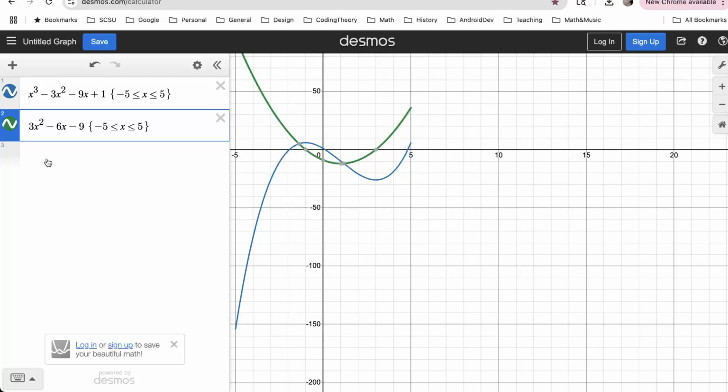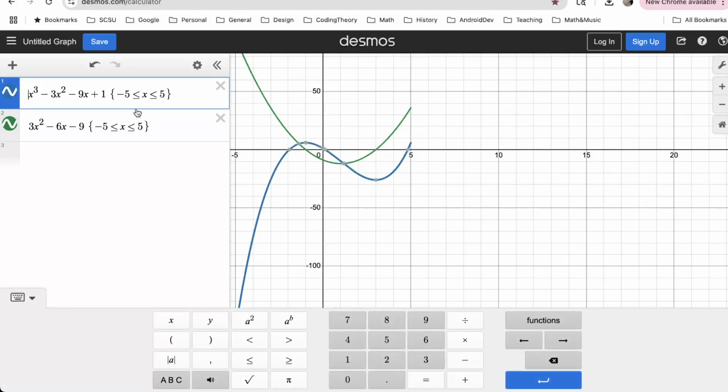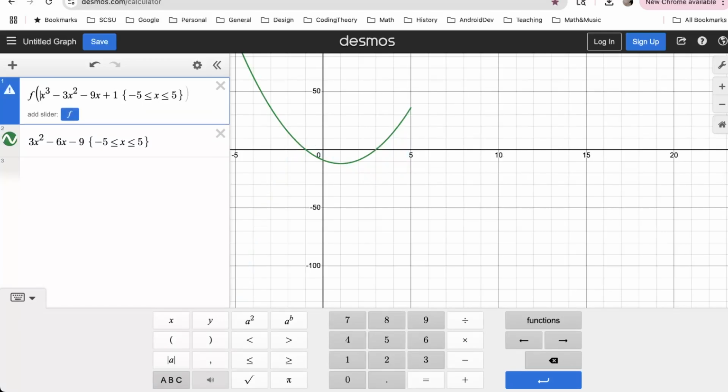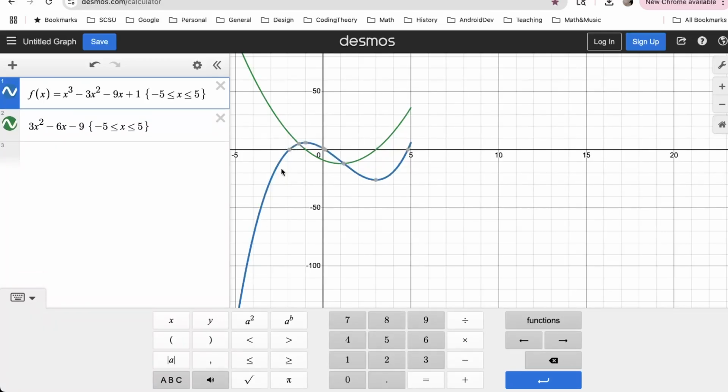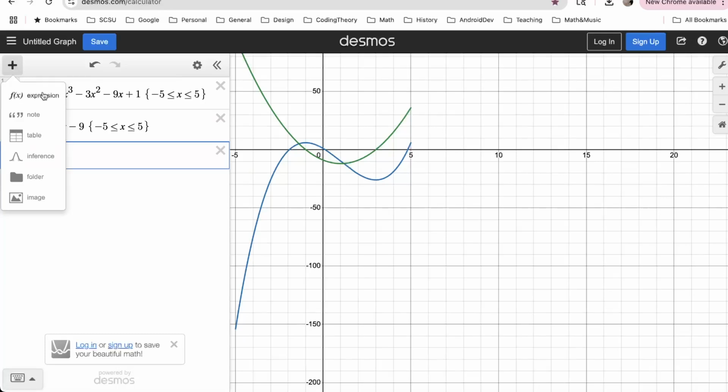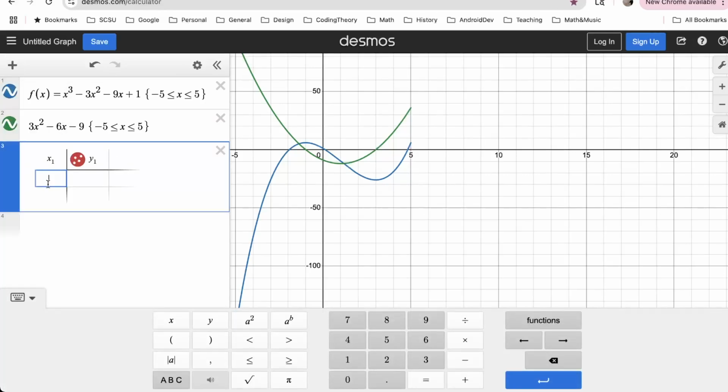Okay, so we have to basically find out what the values of this original function, the blue thing, f of x, is. Oh, I better name that something so I can use a little shortcut. F of x equals that, rather than just writing in the expression. I'm going to create a table. I like doing this in Desmos.